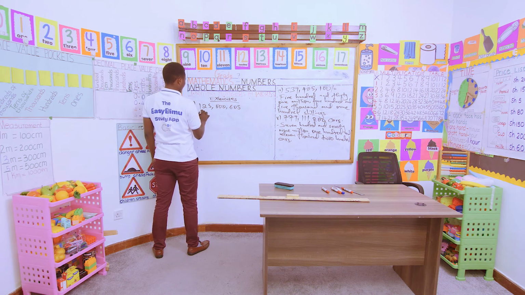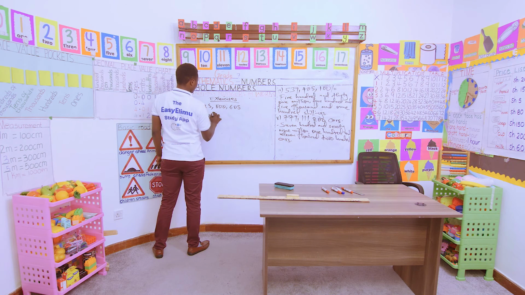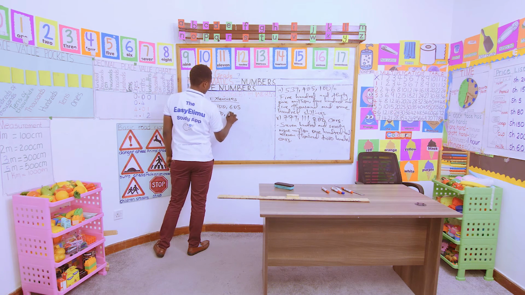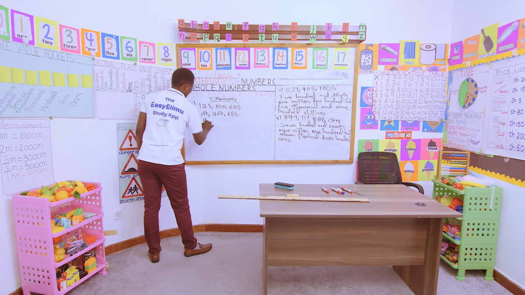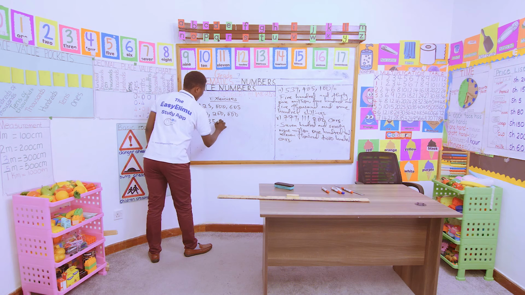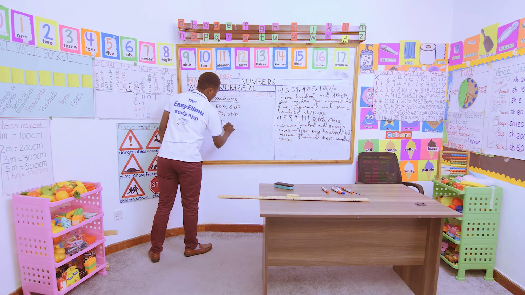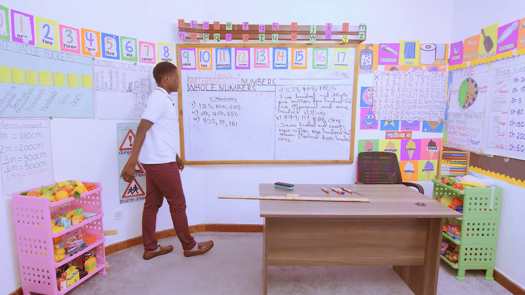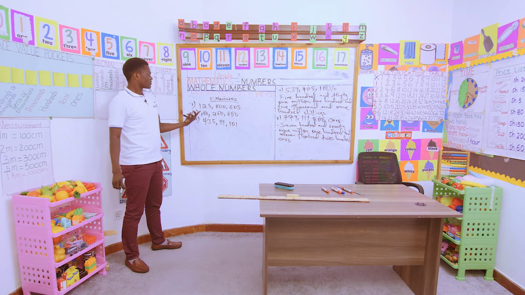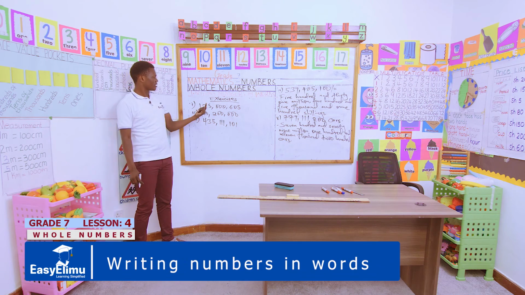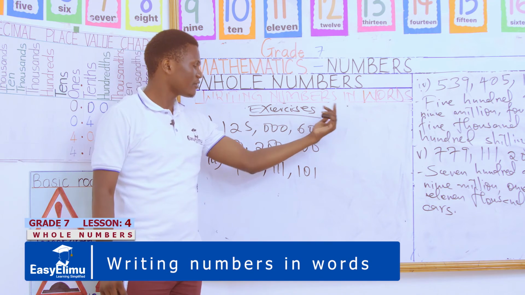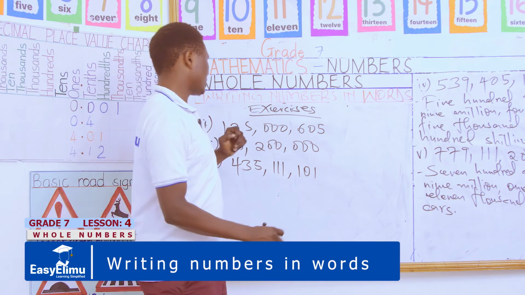Roman 2. Roman 3. Try and do this. So long as you are able to read this number, put down in writing whatever you are reading. If you are able to read the number, then you put it down in words.